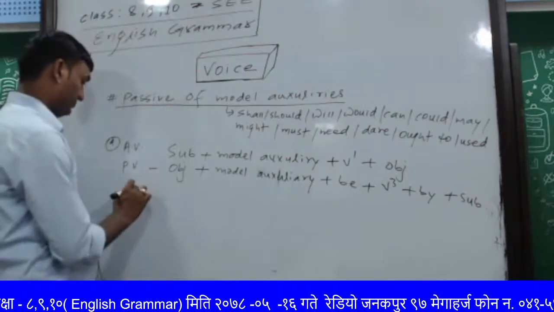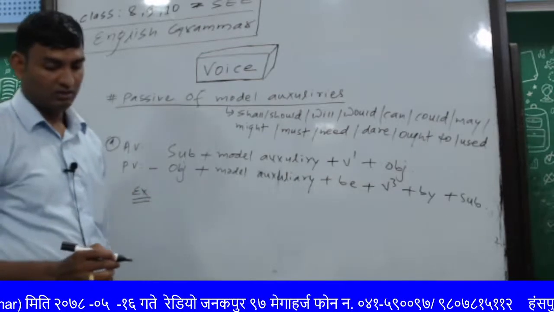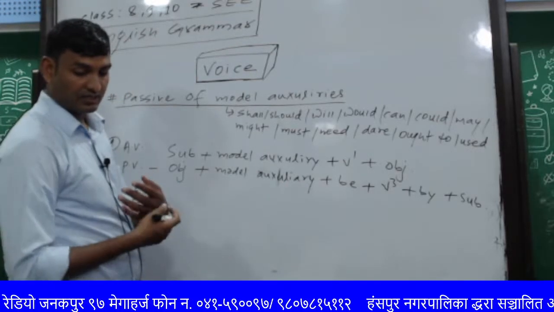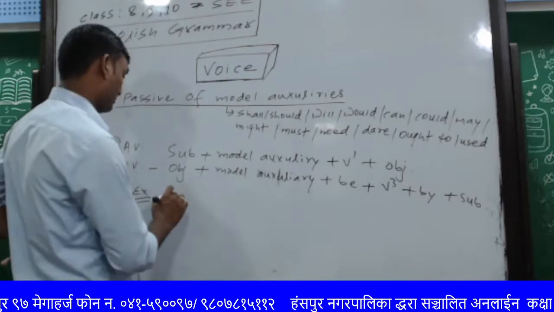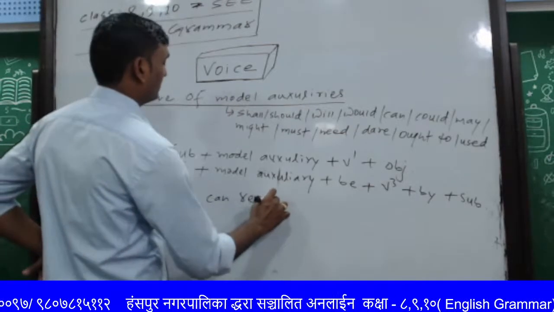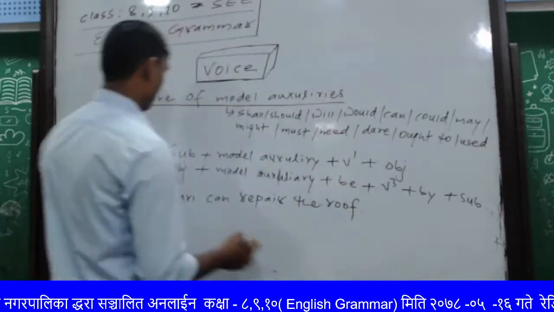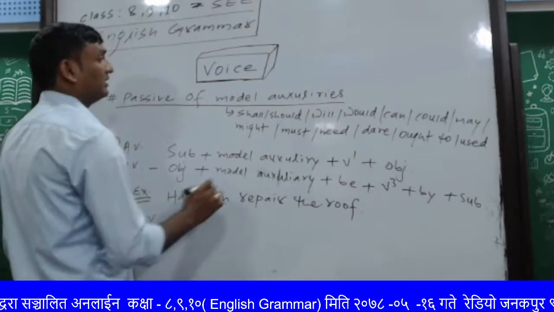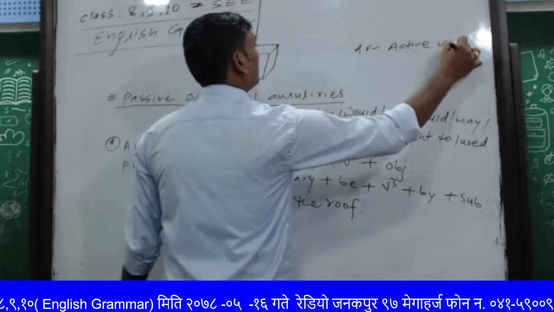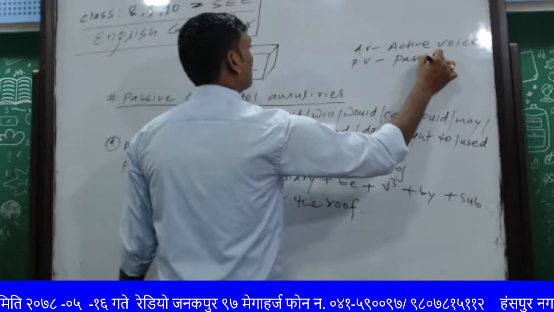An example, listen students: Hari can repair the roof. Here AV means active voice and PV means passive voice.